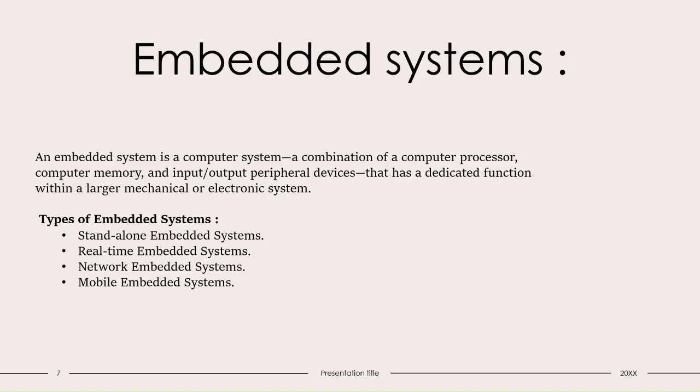And mobile embedded systems are portable embedded systems. Examples are smartwatches. But there is also another one, that is a hybrid embedded system. It falls under more than one category.